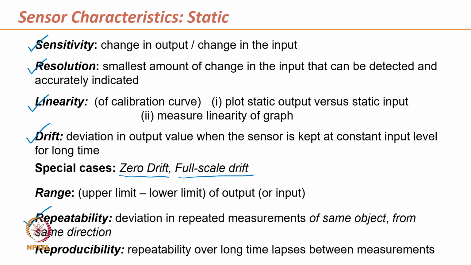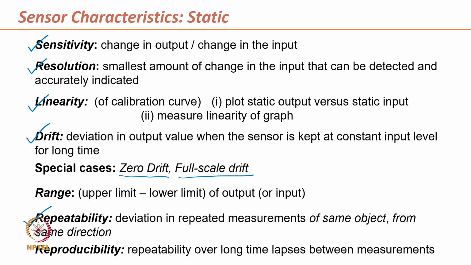Repeatability, this is also something that does not change with time. If we apply a repeated input to the sensor, how much does the output deviate from its previous output? Let us say we apply a similar input 10 times, all 10 times the output will not be the same. There will be a certain difference at the output for all the 10 inputs.